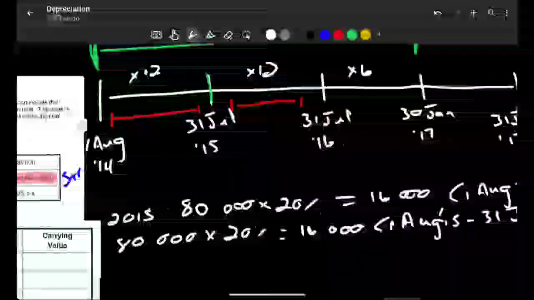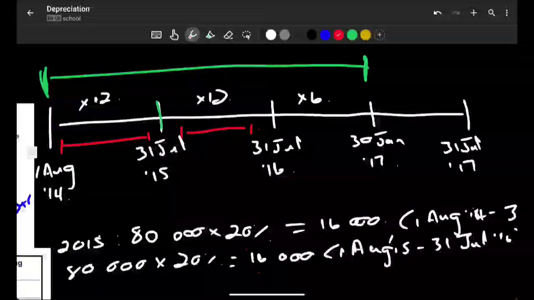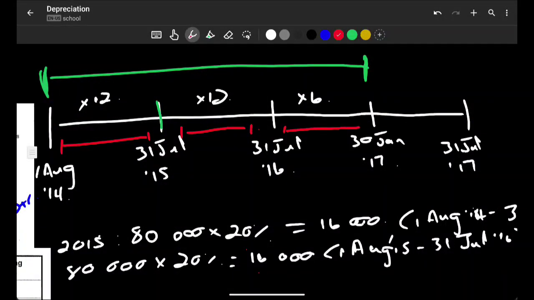Then finally we have our last period from 31st July up until 30 January, and this is 6 months.